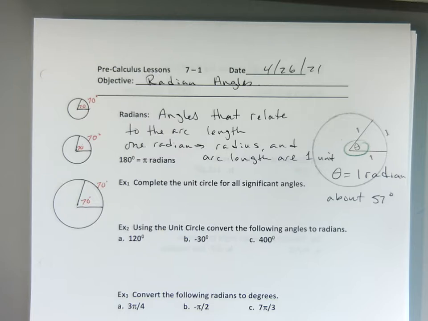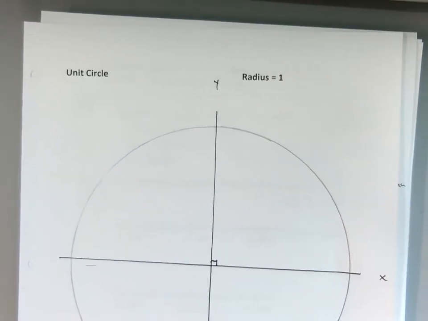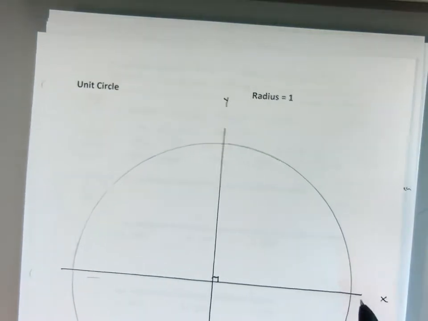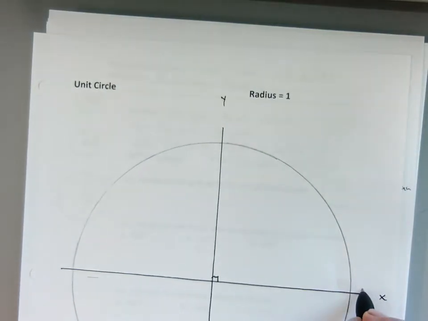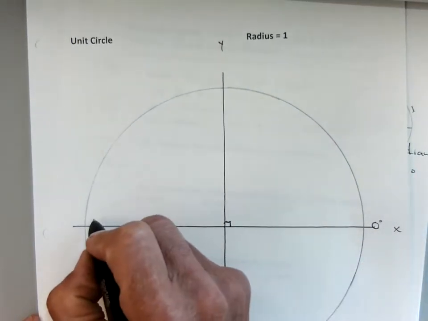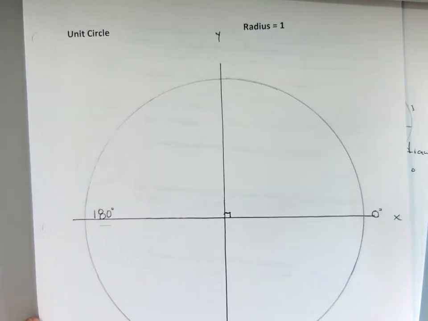Okay, let's check it out. So first of all, there is an equivalent. And you might need a ruler. I use colored pencils. But first of all, let's take a look at this. I have an equivalent. If I have 0 degrees and 180 degrees, okay?